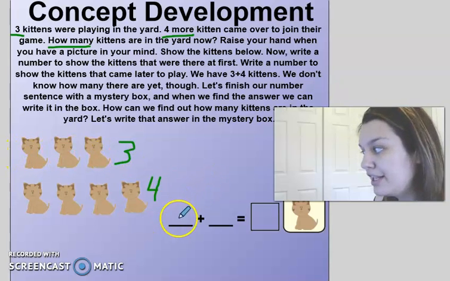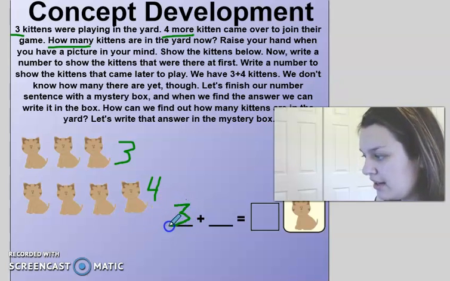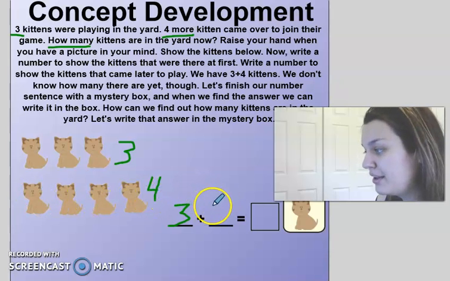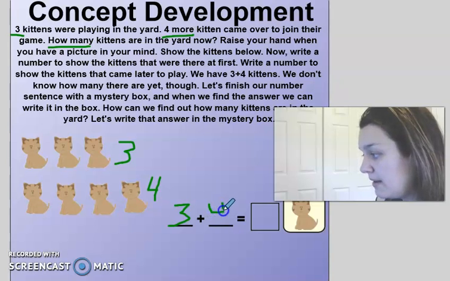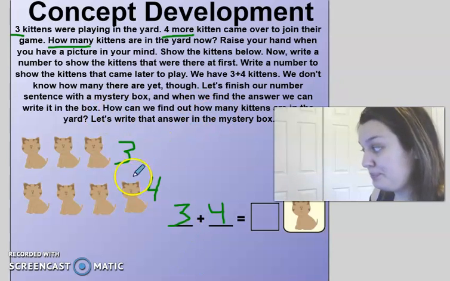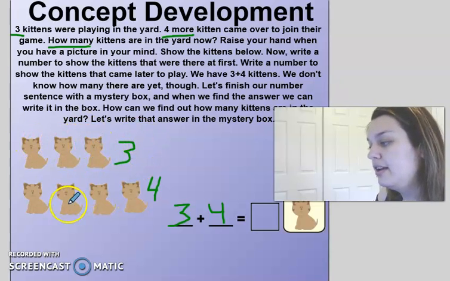What is it? 3, because 3 were originally there, plus 4. And then the only time we have to count now is for our whole, because we made the work so much easier on ourselves by labeling our picture. So let's count. Count with me. 1, 2, 3, 4, 5, 6, 7.